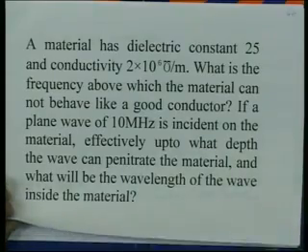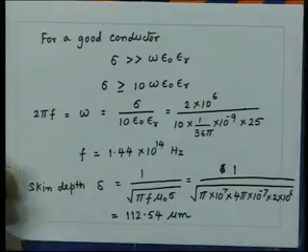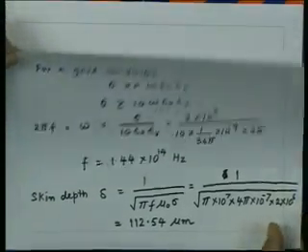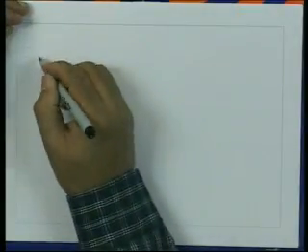The next thing which is asked in this problem, what will be the wavelength of the wave inside this material? And as we know, the wavelength is related to the phase constant of the material. So, we first find out what is the phase constant.